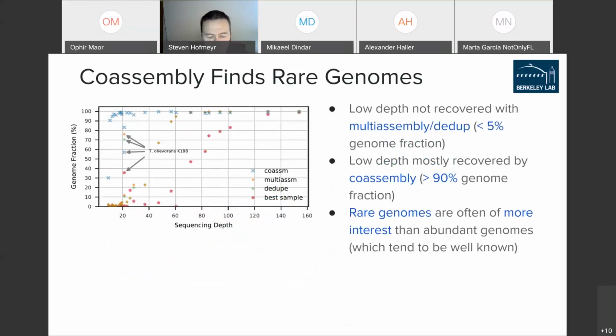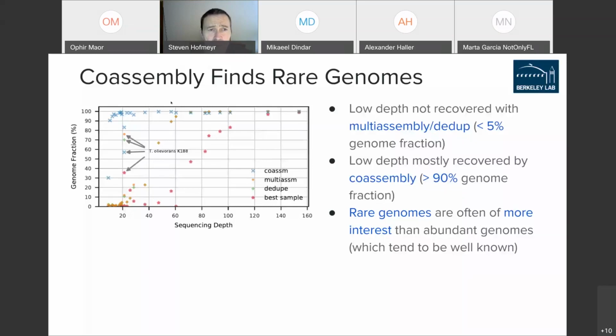Because basically, if you take a big data set and you split it up into subsamples and you assemble each one individually, you get very small fragments of the low abundance genomes. And so it becomes very difficult to connect those together. You just don't have enough information. Whereas if you do co-assembly, you can potentially connect those.